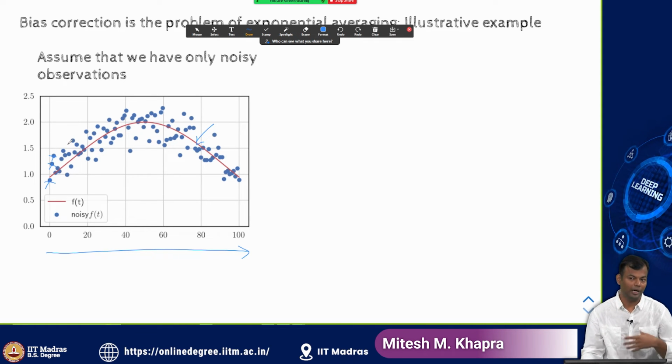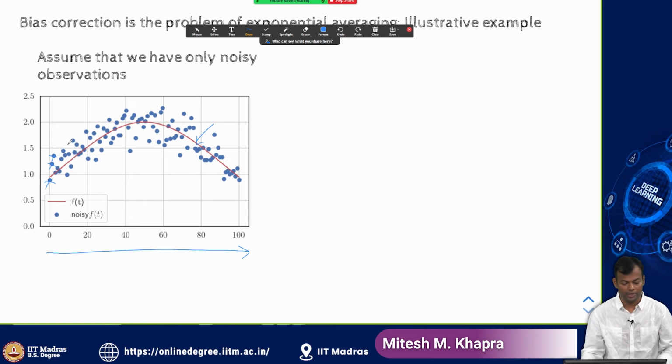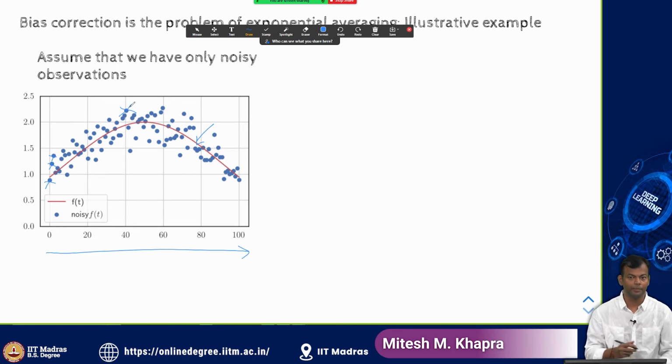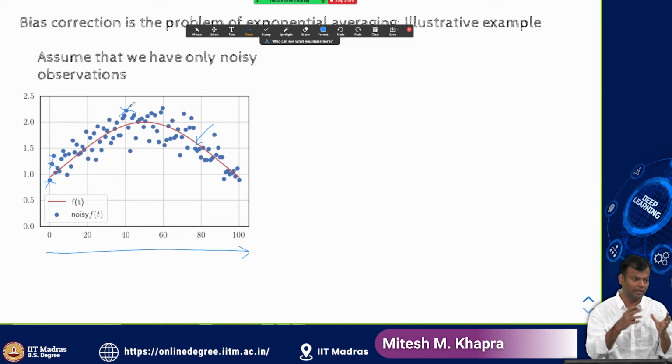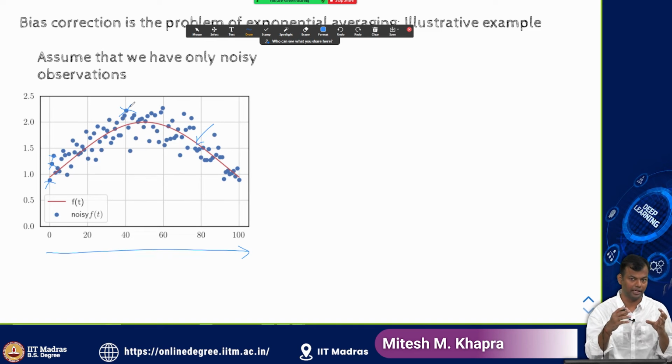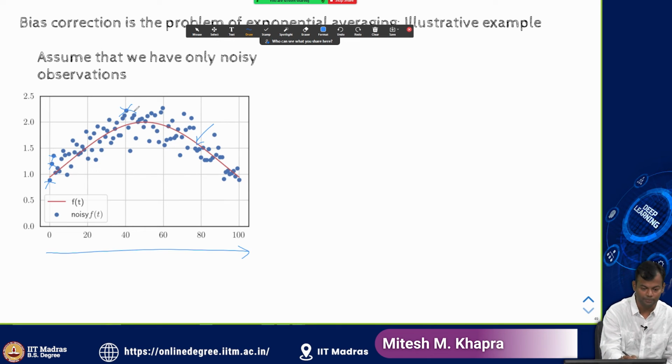One way of dealing with this is to say that instead of just relying on the gradient at this time step, I will take the average of all the gradients that I have taken so far, or the moving average of all the gradients. Suppose instead of relying on this value alone, I take an average of things which fall in this window.